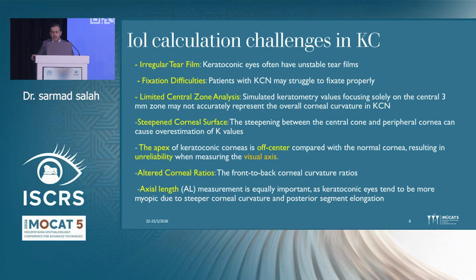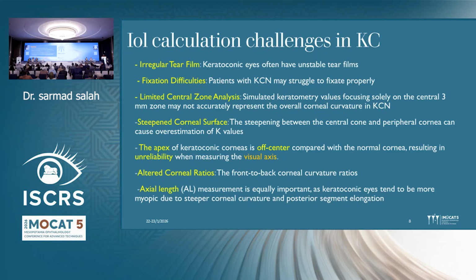Now, let's go to the second challenge, the IOL biometry calculation. Many factors affect the accuracy of IOL power in patients with keratoconus, including irregular tear film, difficulty in fixation, and limited zone analysis of simulated keratometry that might miss the big picture of overall corneal curvature.